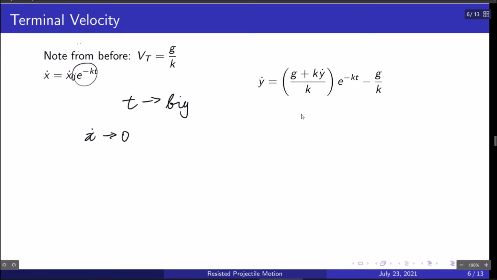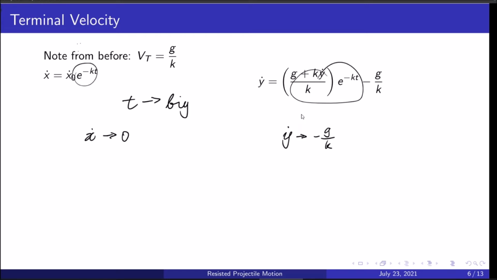But here, this front portion will approach 0. So y dot will approach negative g over k. So that's the terminal velocity.